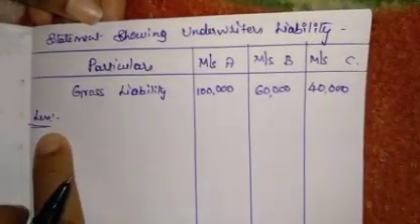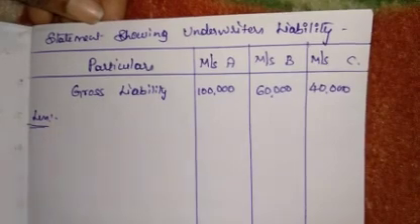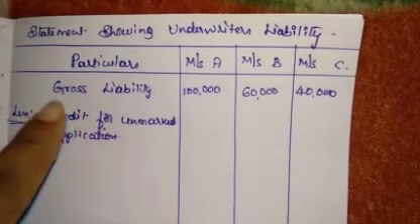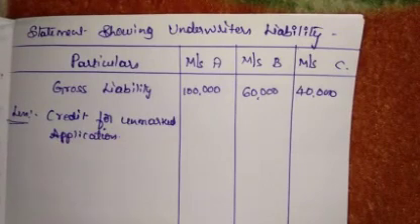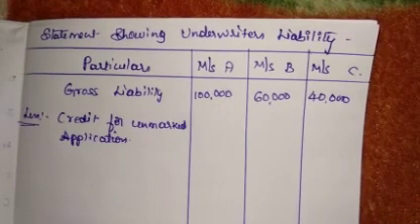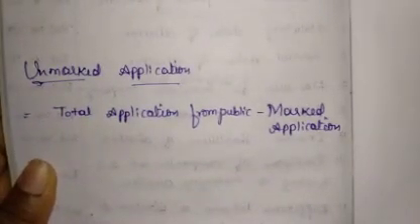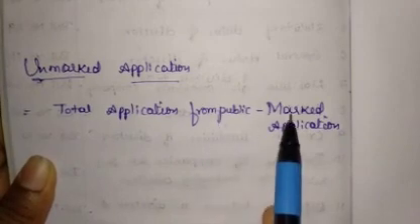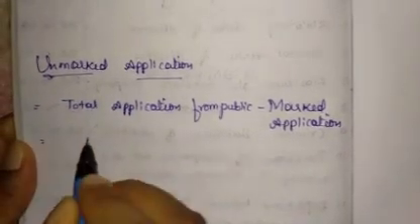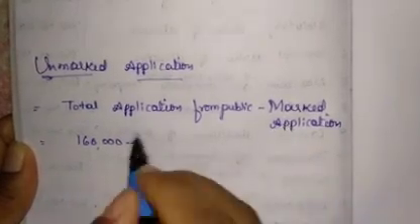From that we have to deduct credit given to each of the underwriter in respect of unmarked application. So we have to calculate unmarked application, and we have the information of total application received and marked application. So with this we can calculate unmarked application. This is the way to calculate it: total application from public less marked application. Total application received from public is 1,60,000 shares, less marked application.